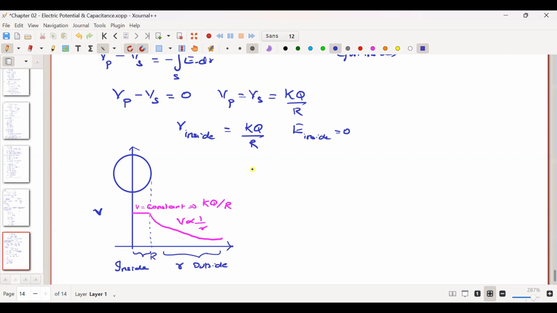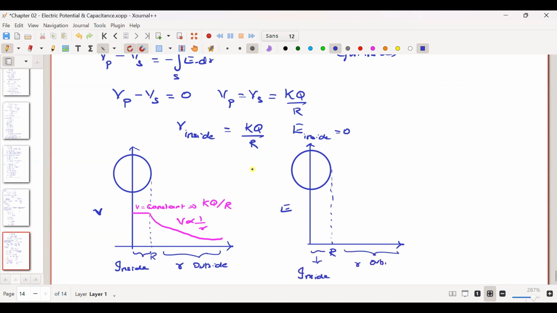If we just try to compare with what we saw for electrical field, how was our graph? Same thing here. So here I am having my electrical field, and this is capital R. This was the inside point, this was my outside. Outside it was KQ by R squared.